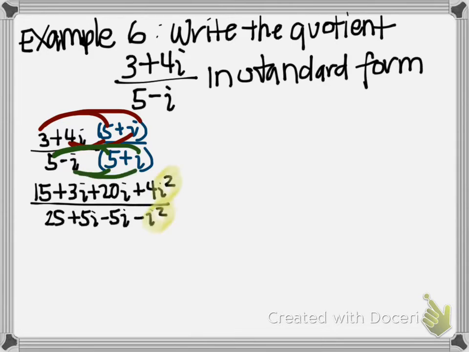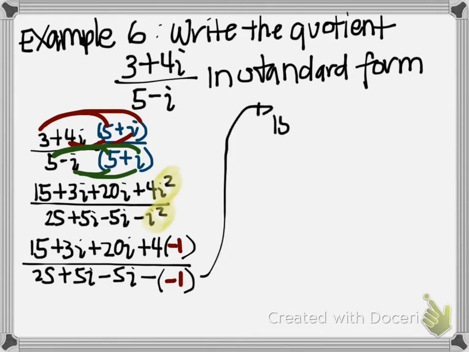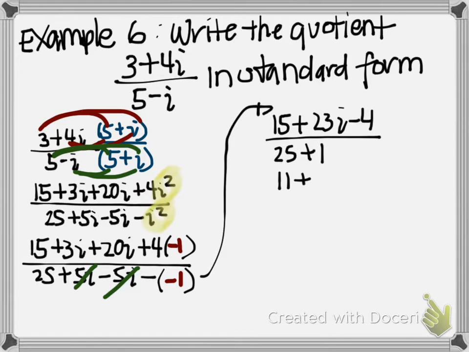We want to simplify that by changing those to negative 1. And then from here, we're just going to combine and simplify terms on the numerator and denominator. So you get something that looks like this. And again, notice how the two middle terms cross out. And if we simplify, then we have something that looks like this, 11 plus 23i over 26.